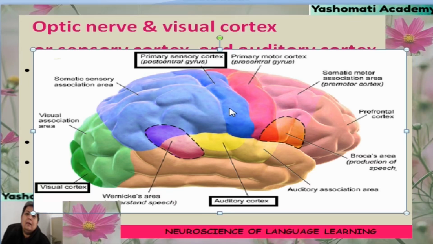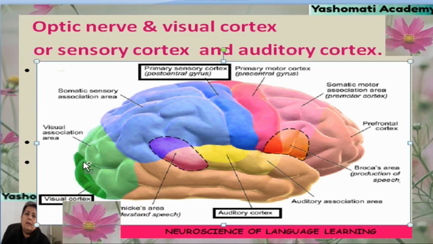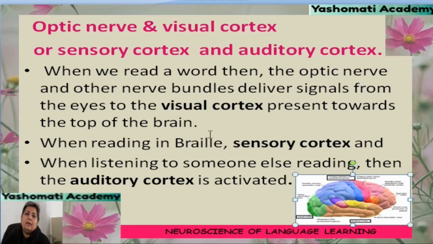For example, if someone is blind, then he will be using this area more, and when we are hearing a word, then we are using this area more, and if we are looking at the text, then we are using this area.